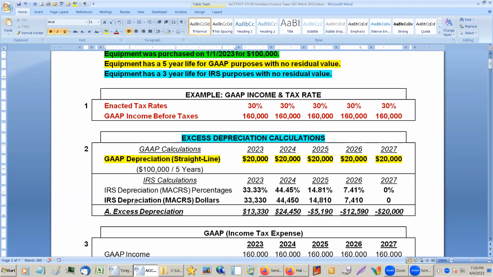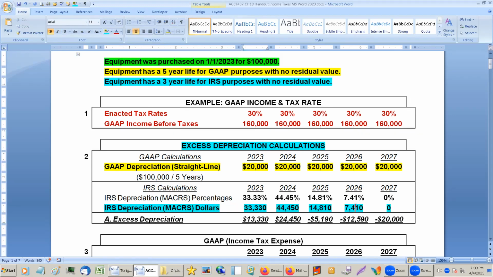Okay, so when we come to our depreciation for taxes, our depreciation looks like this. They allow us to take 33 and about a third of the thing the first year.